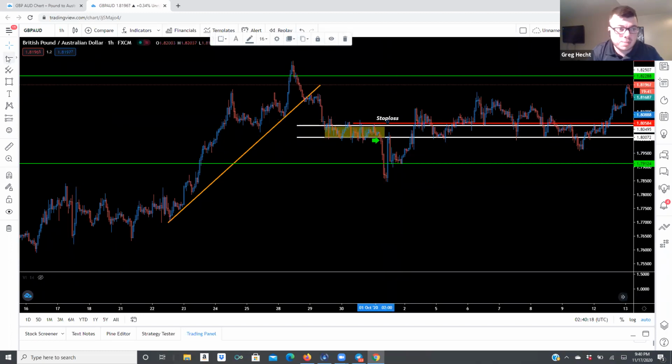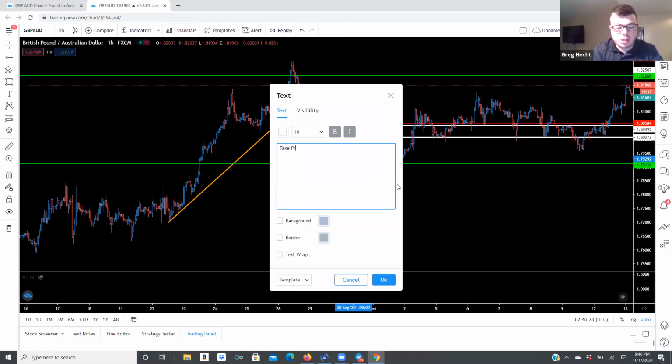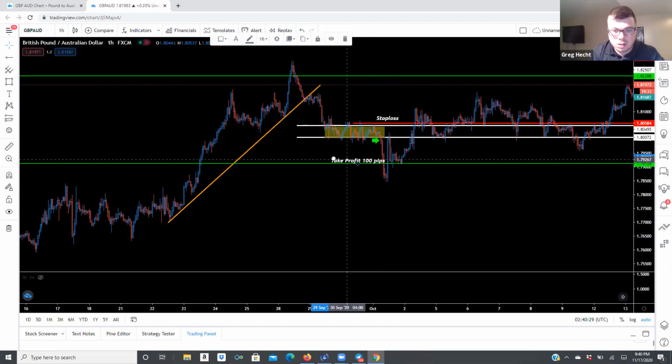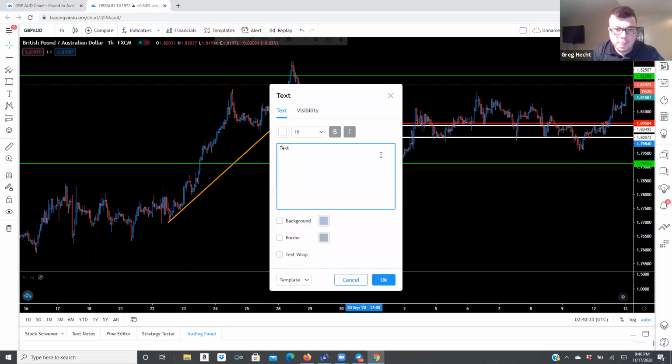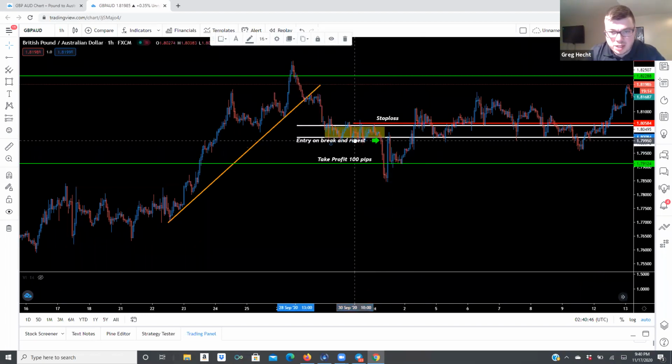So your stop loss, okay, your take profit would have been down here. Let's just say 100 pips, because it was like 97, we'll just round up. You got your entry point, entry on the break and the retest.